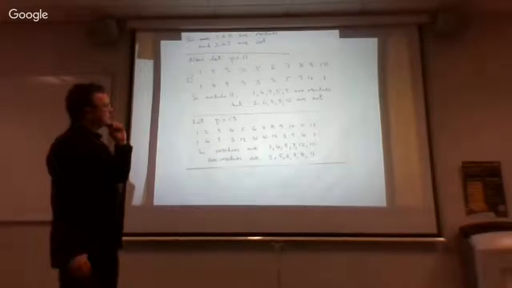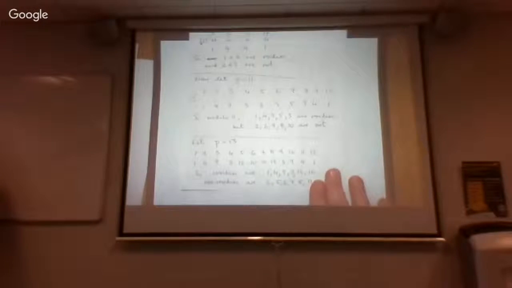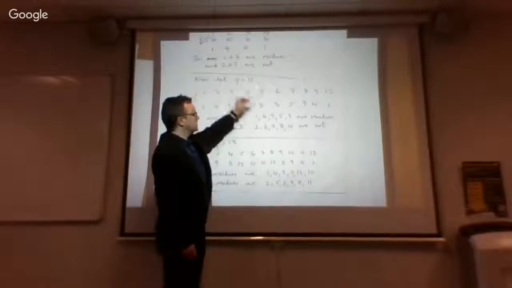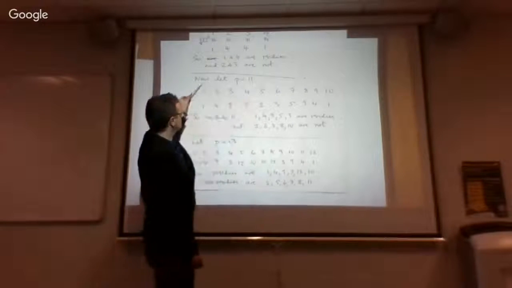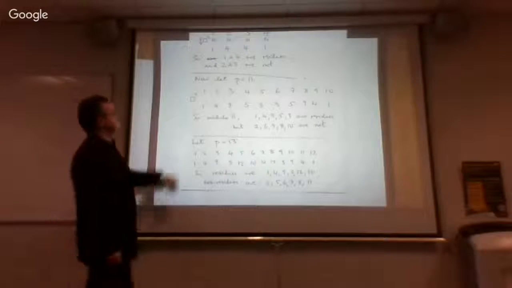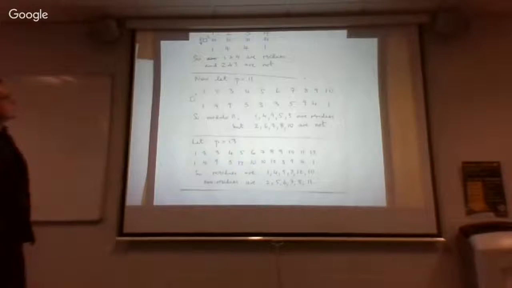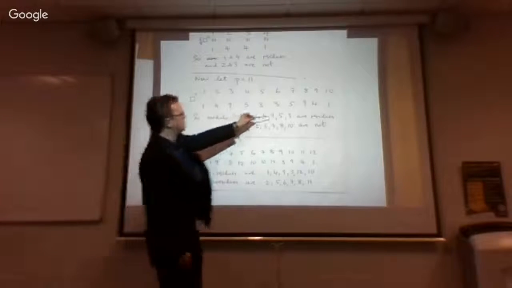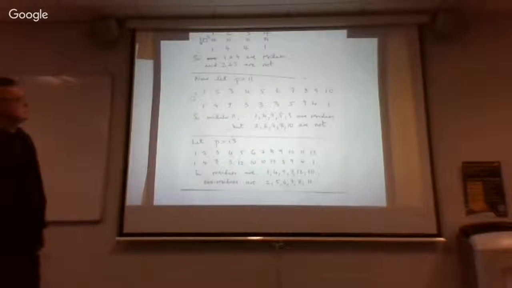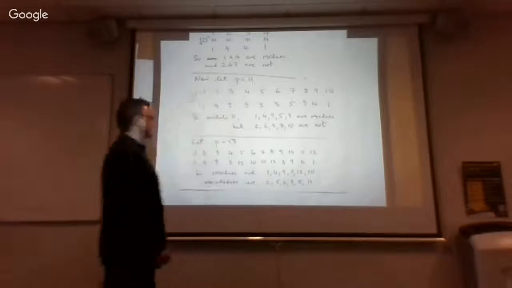But aside from that, we're not seeing any very regular behavior. For instance, modulo 5, 3 was not a residue, but it is a residue modulo 11 and 13. 2 was never a residue in any of these examples. 5 was a residue modulo 11, but it's not modulo 13. 10 wasn't a residue modulo 11, but it is modulo 13.